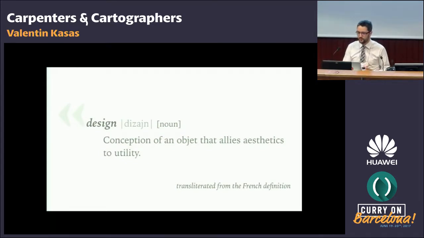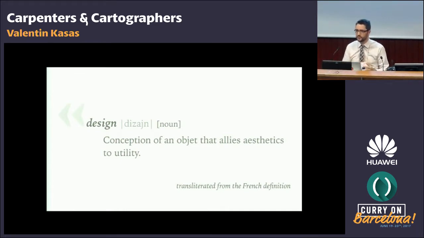And in French, we have a very precise definition to the word design. It denotes something that is meant to be as beautiful as useful. It's when you join beautiful and useful, this is design. Okay?